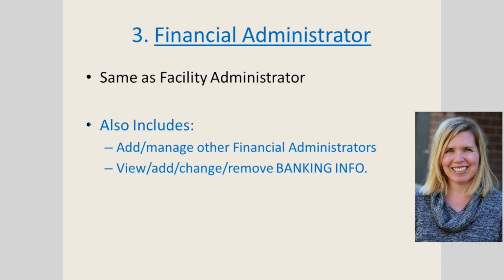They can report changes through the actions that I showed you on the children in care screen, and they can run and view reports. The third one is the financial administrator. This is a higher level of security, has the same access as the worker and the administrator, but then it also includes the ability to add and manage other financial administrators and to view, add, change, or remove any banking information.